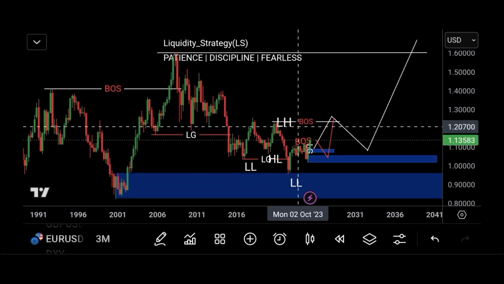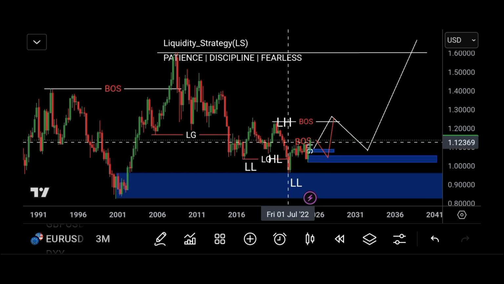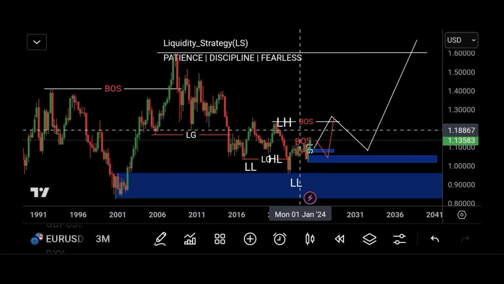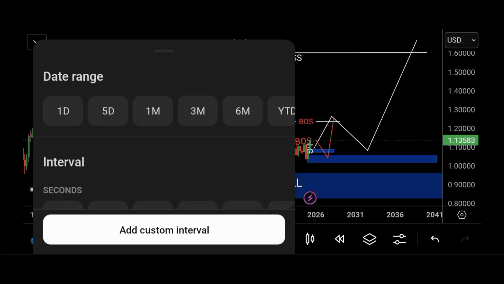Once we take it out, it means that the current structure on 3 months or 6 months time frame is now bullish, and the current participants in the market are bullish. So when buying, you are in the right direction. That's what we're expecting. This might take like 3 or 4 months, but at least you have a clue of what is going to happen. So let's go to 1 month time frame.